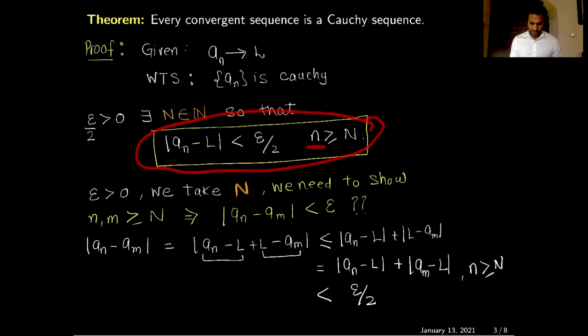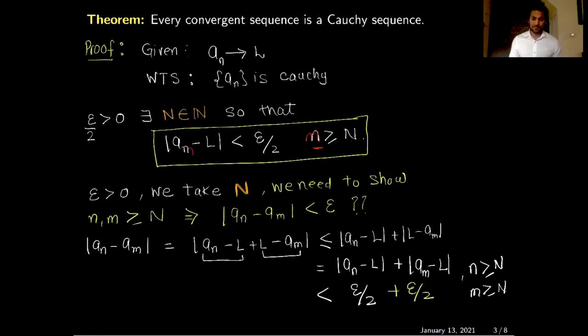Now, if I also choose m bigger than or equal to capital N, and I replace n by m, this inequality will also hold. So this is also less than epsilon half.